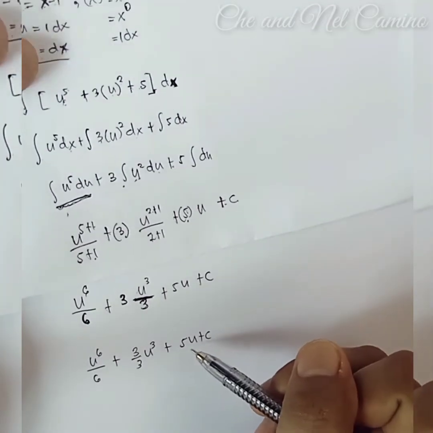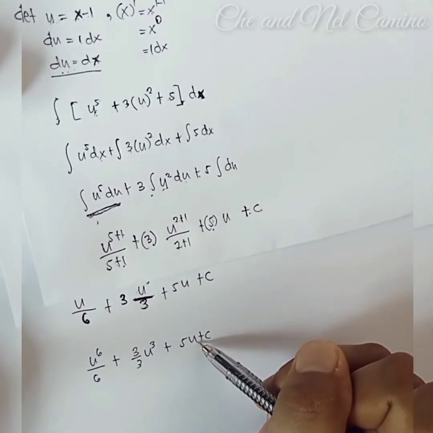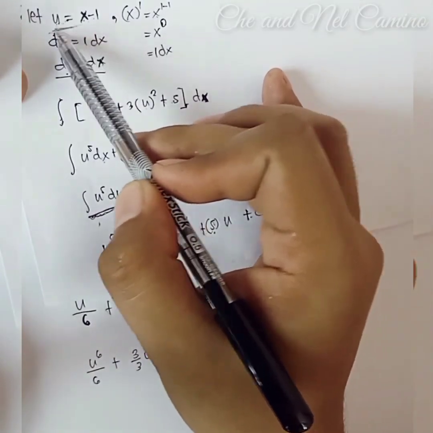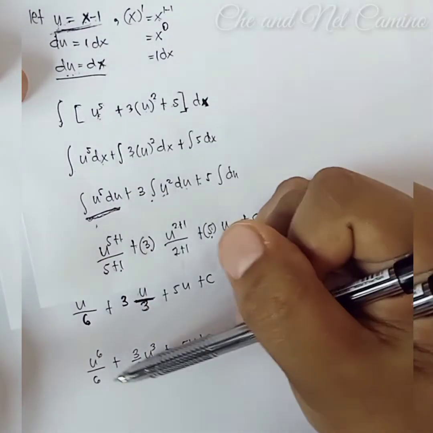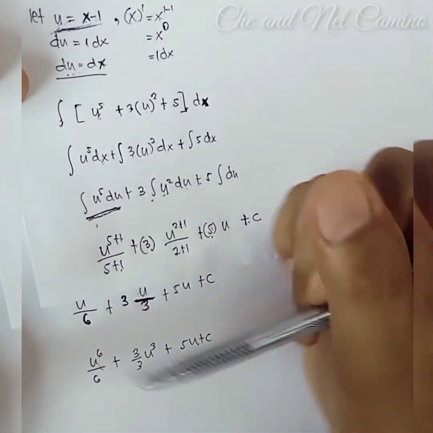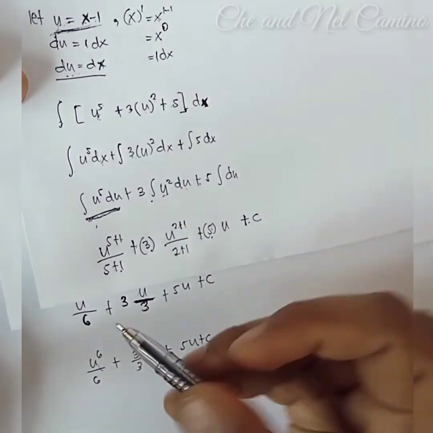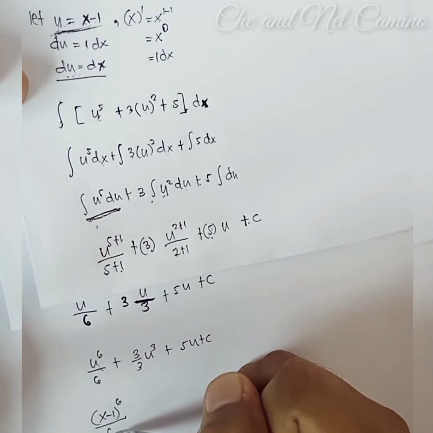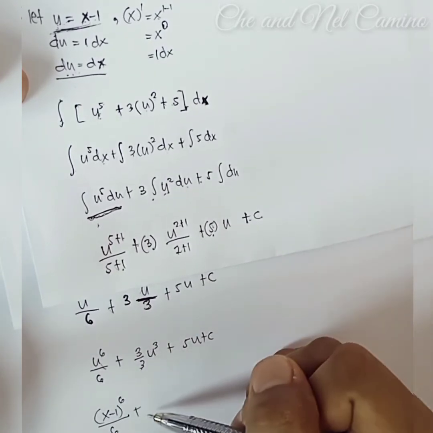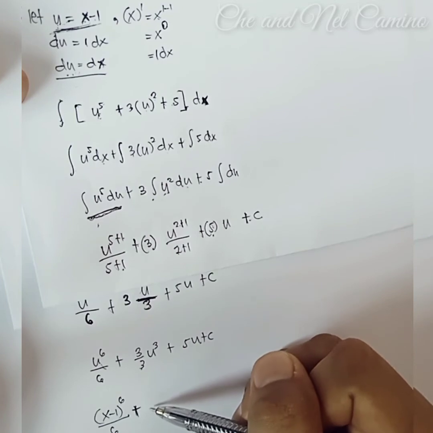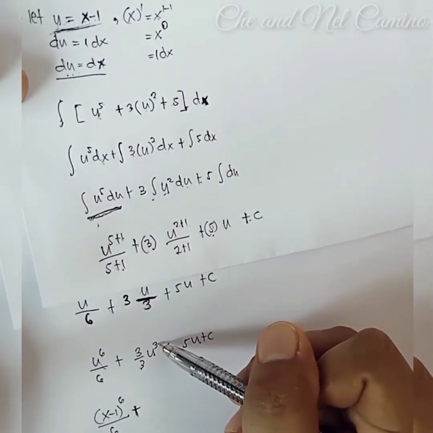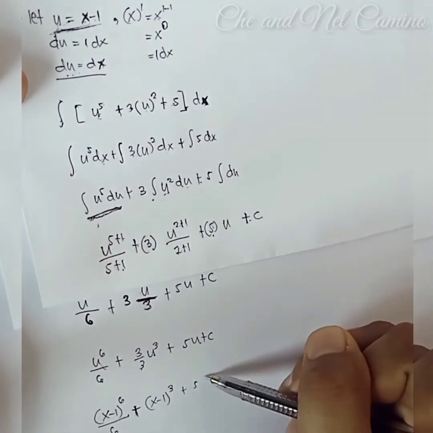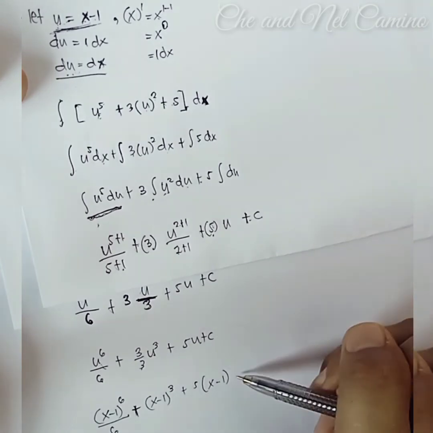So let's do it. Every u in our semi-final answer should be replaced by x minus 1, from our first process. So we have x minus 1 to the power of 6 all over 6 plus 3 over 3, that is 1, so there's no need to write 1 here. And since we have u to the power of 3, that will be replaced by x minus 1 to the power of 3, plus 5 times x minus 1, plus c.